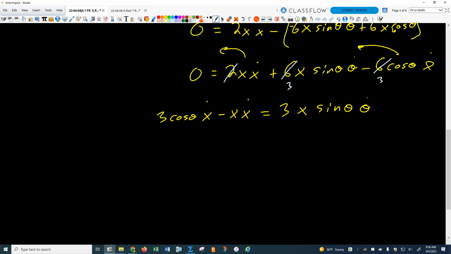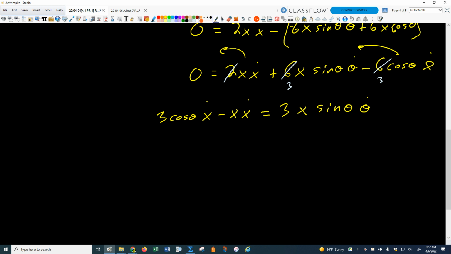And then last couple steps. What would the steps be to isolate x dot there? Yeah, factor it out and divide by the remainder.